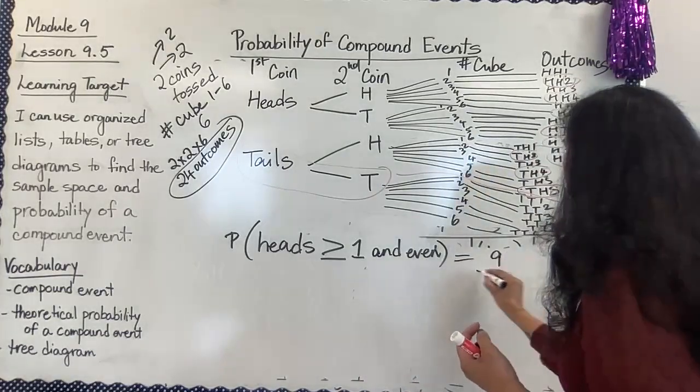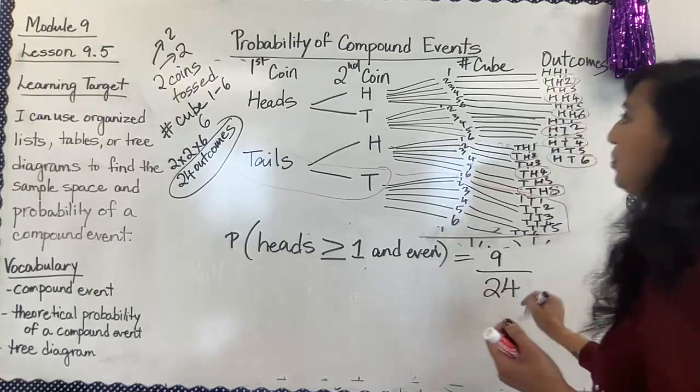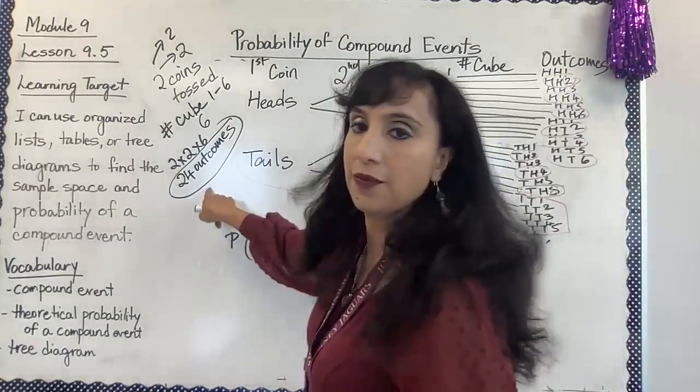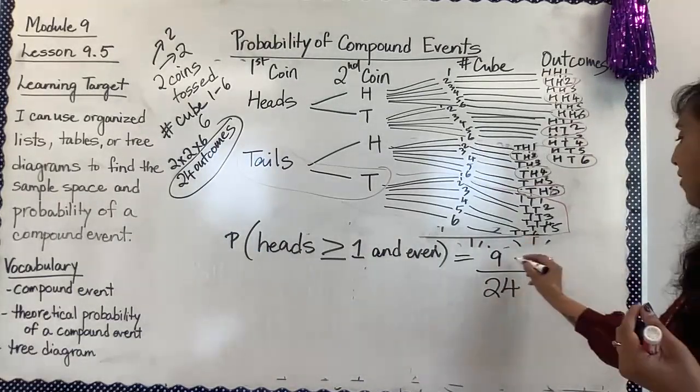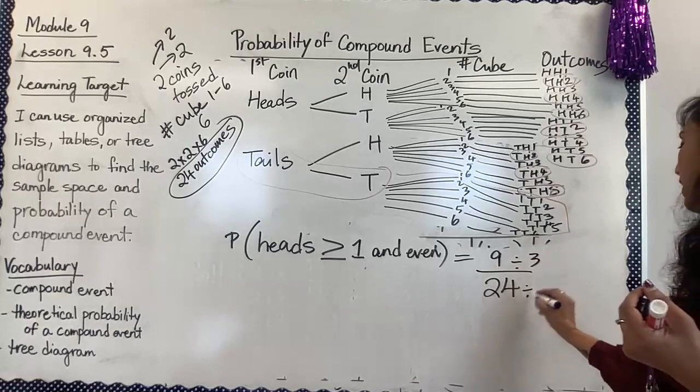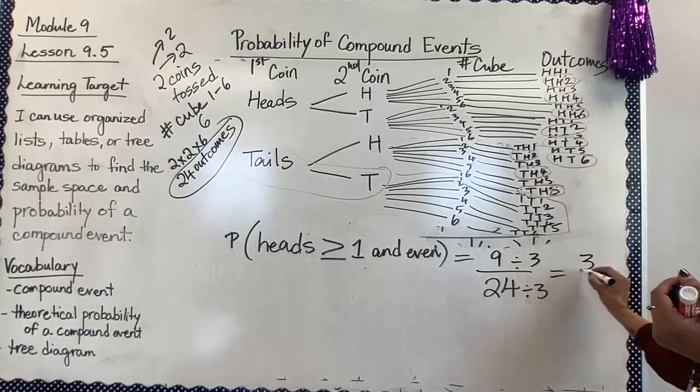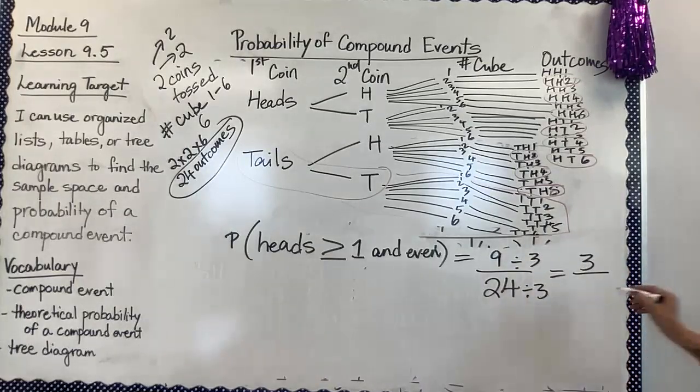So we have 9 out of the total outcomes, which is 24. Now I can simplify this ratio, and if I divide by 3, I get 3 out of 8.